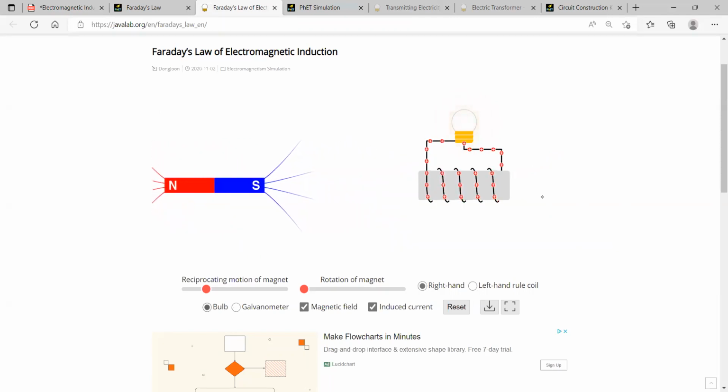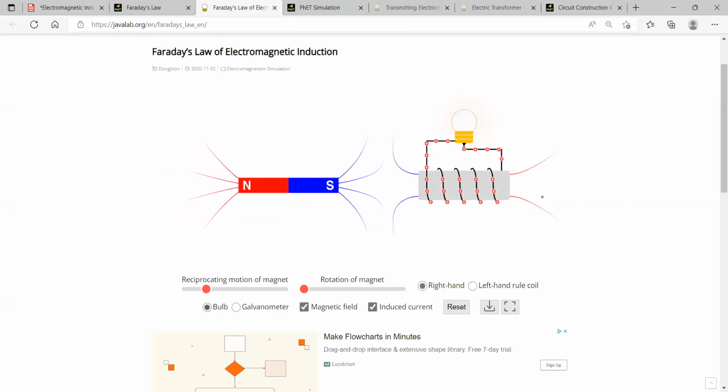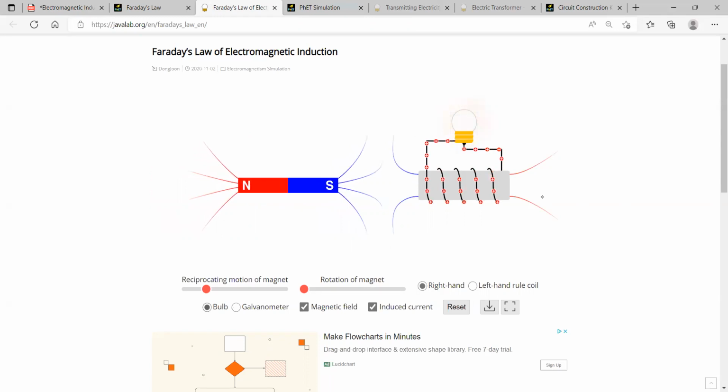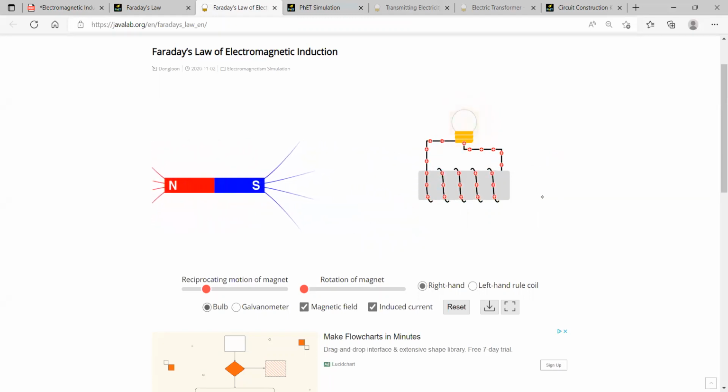When the magnet is moving towards the circuit, you also see the red and blue lines from the circuit. That tells you there is a magnetic field due to the induced current. And when the magnet moves towards the circuit, on the left hand side the circuit gives a blue line. So you see now, blue means repel, right?